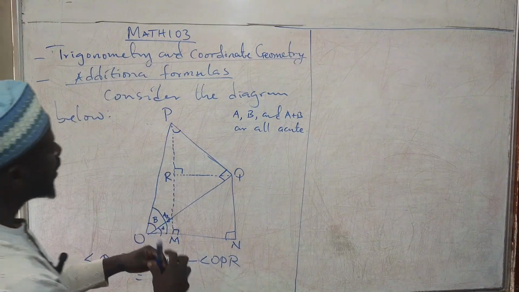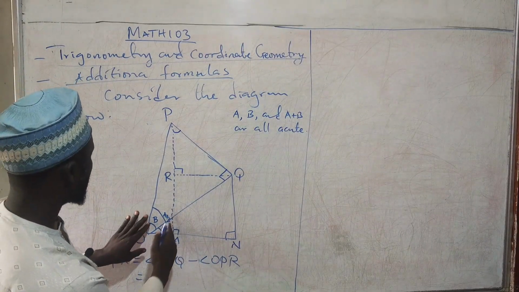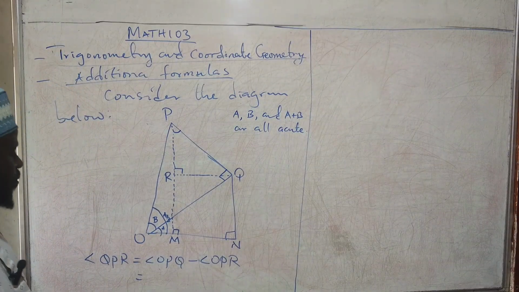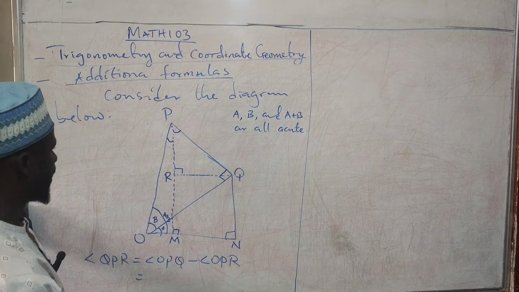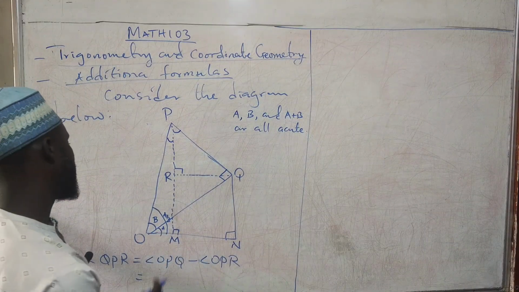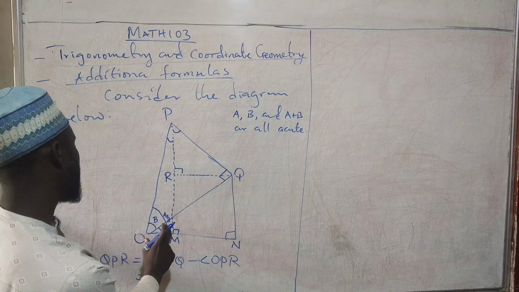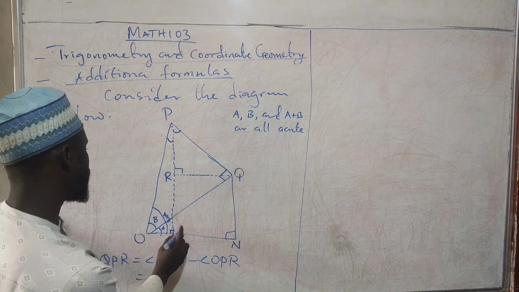If A, B, and A plus B are acute, you see from this triangle, triangle POM, it's a right angle triangle.